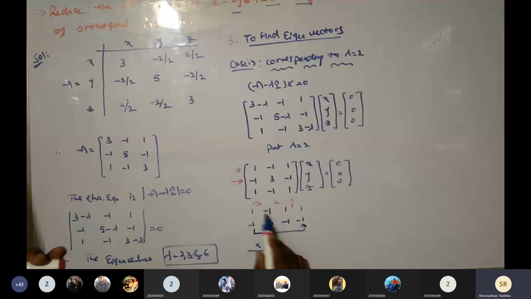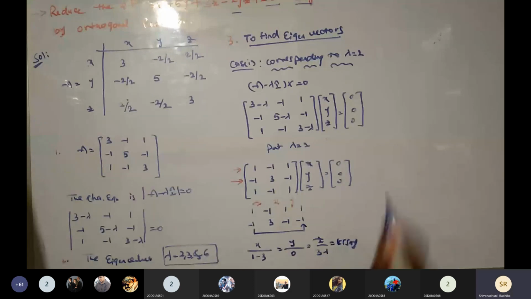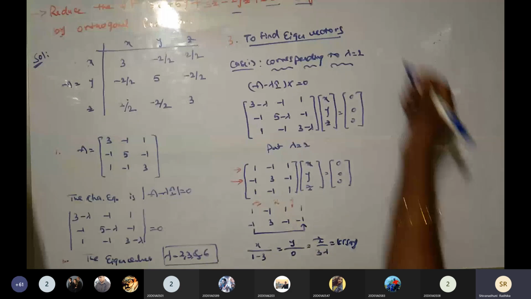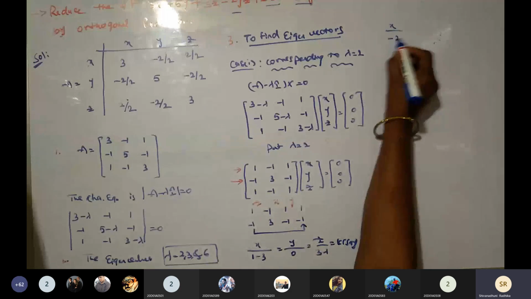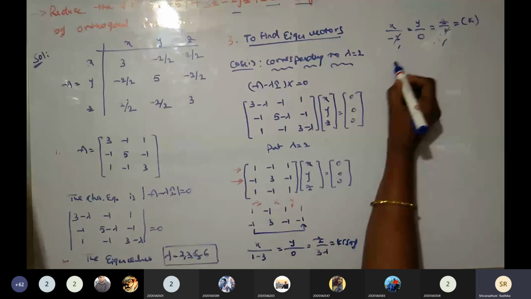And y by minus 1 plus 1, 0. And z by 3 minus 1, which equals k. Now x by minus 2, y by 0 and z by 2, which equals k. Now the first eigenvector x1 equals minus 1, 0, 1.